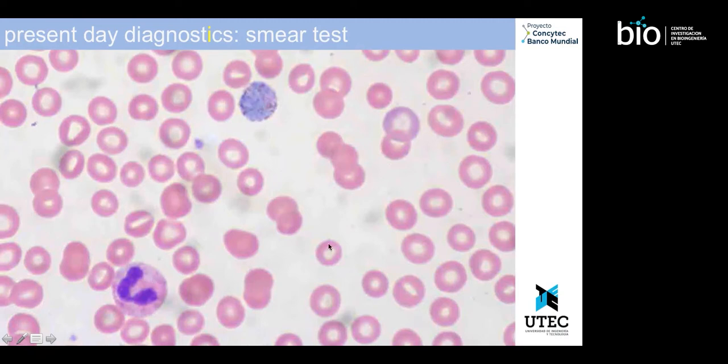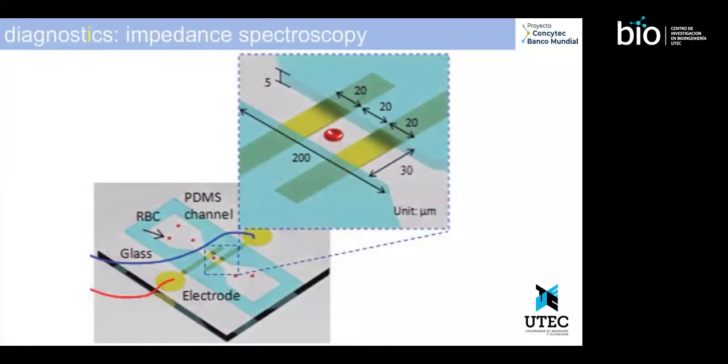So this is all done manually, so there's no automation. So it works, but it's not foolproof, and it's very laborious to do this. So that's why we wanted to come up with a different way.